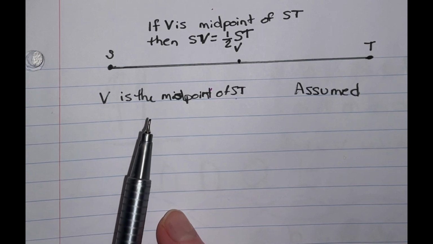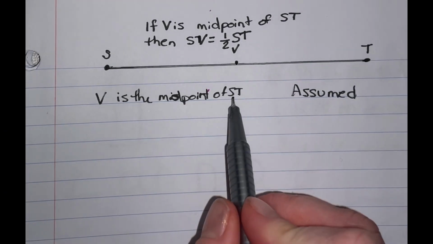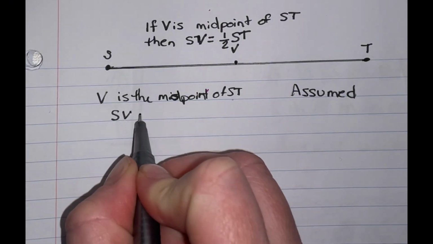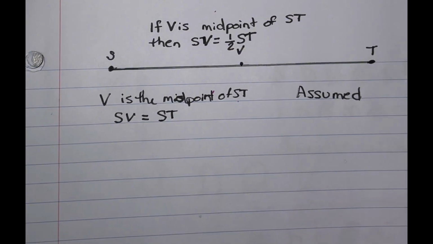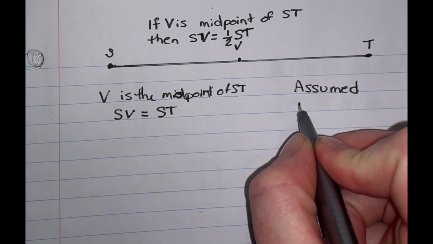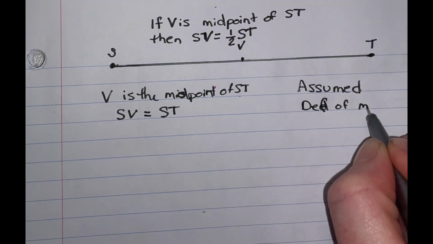So now we need to say that, okay, if V is the midpoint of ST, then we know that SV would equal half of ST. And that would be the definition of a midpoint.